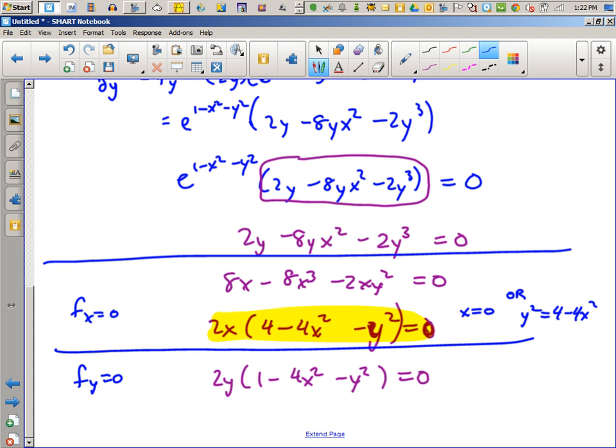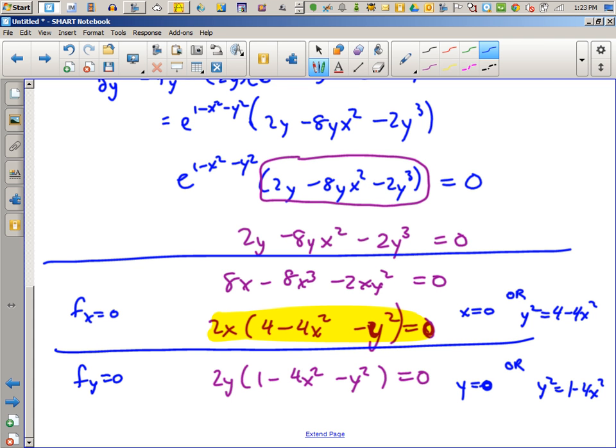On this second statement, which was my second partial derivative, either y is 0 or y squared is 1 minus 4x squared. Okay? So then I said, all right, I can take the x equals 0 from my first fact and plug it into the second fact over here.